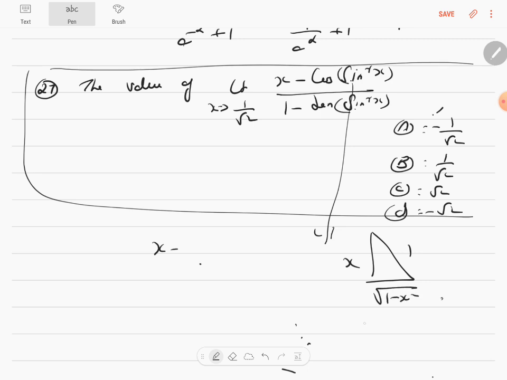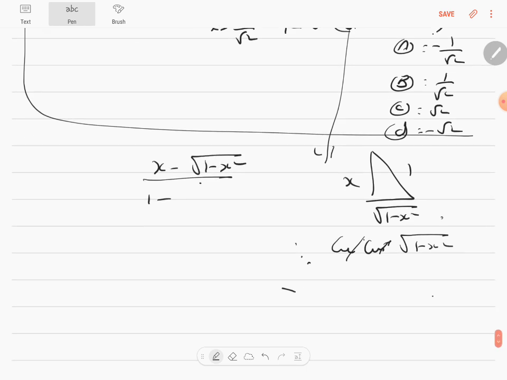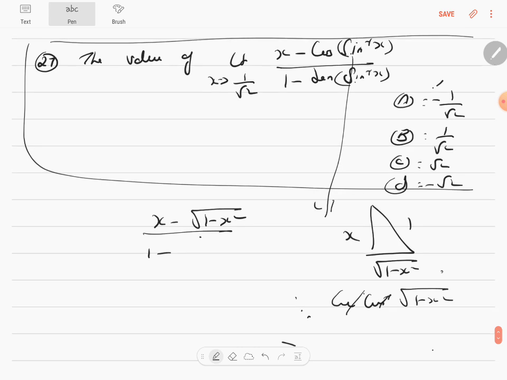So that therefore is cos inverse of root of 1 minus x square. So it's x minus root of 1 minus x square by 1 minus tan, which can be converted. Tan of sine inverse x is x by root of 1 minus x square.